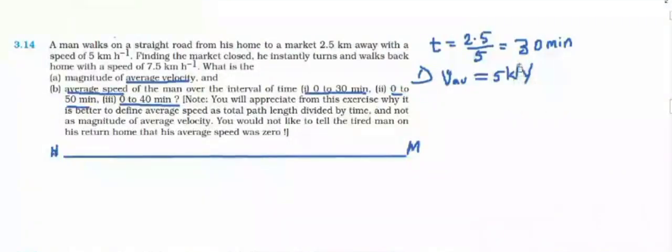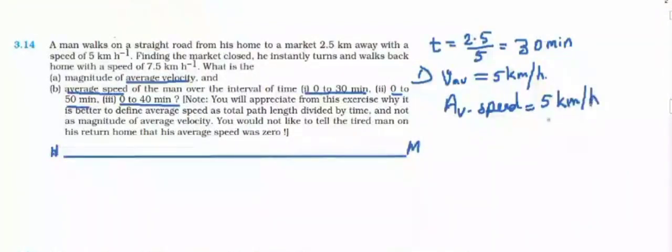And in straight line motion, as I mentioned in the last question, if it is only along a straight line, then average velocity and average speed both are equal. Therefore, average speed is also the same value, 5 kilometers per hour. So distance and displacement are equal in this case.